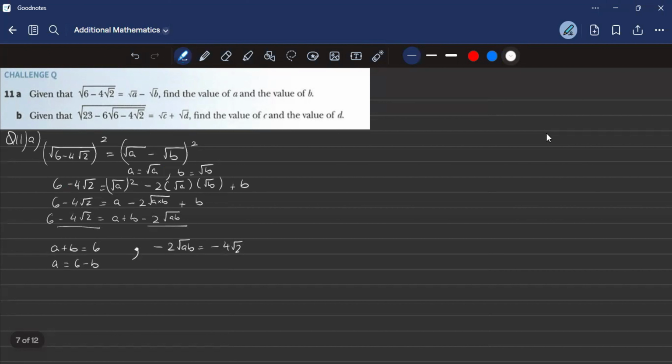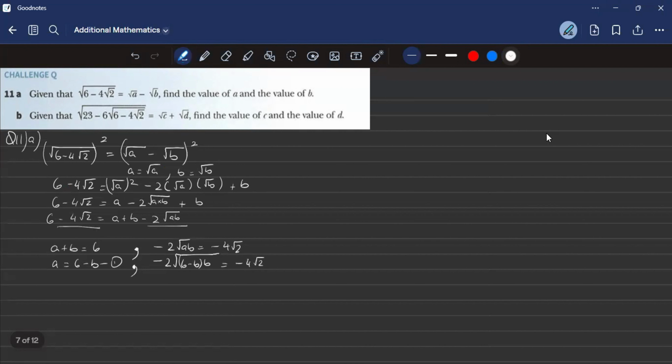Okay, so now we know we have an equation for a. Now we input it here, so negative 2 under root, 6 minus b multiplied by b is equals to negative 4 under root 2.